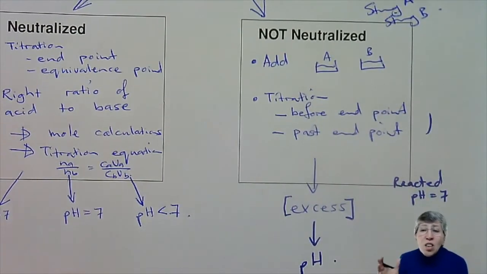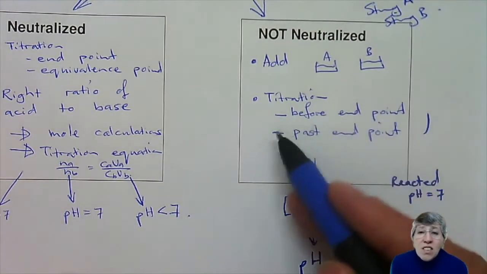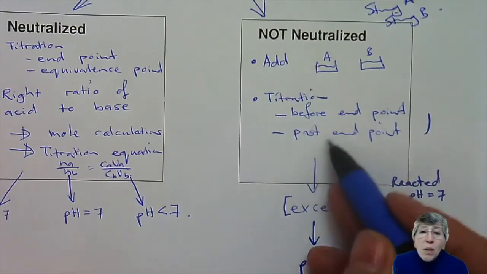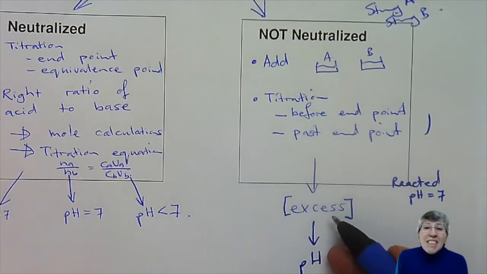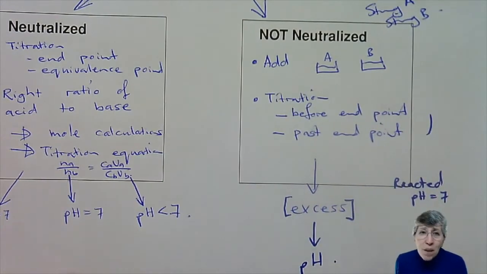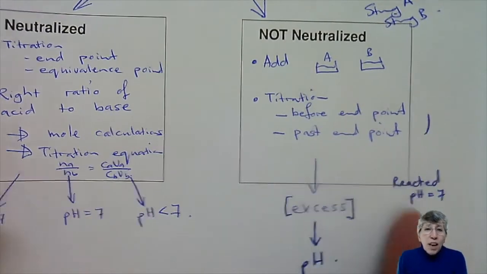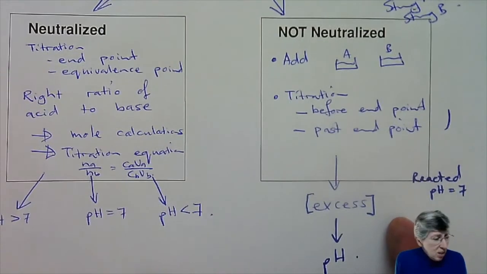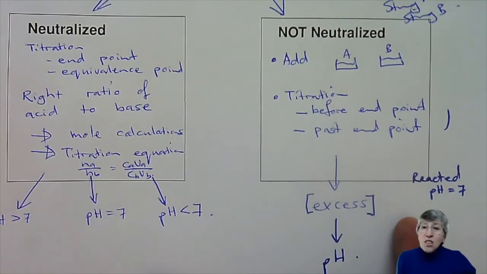So they did not add or subtract to the pH, right? So the ones that reacted we can ignore, and we just want to know how much is in excess of which one, and that will determine the pH. Right, now we are going to look at two examples to see how this is asked.